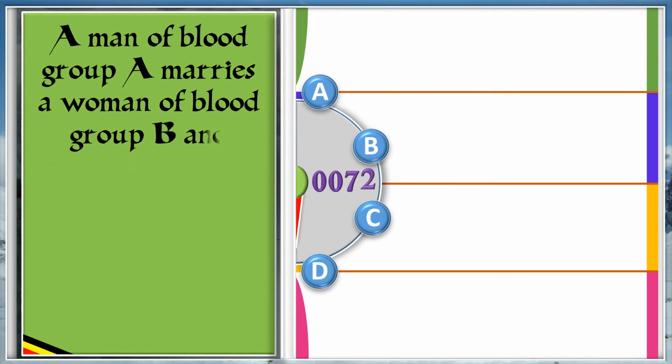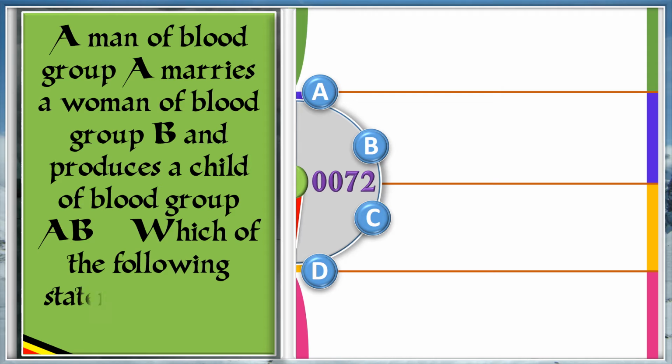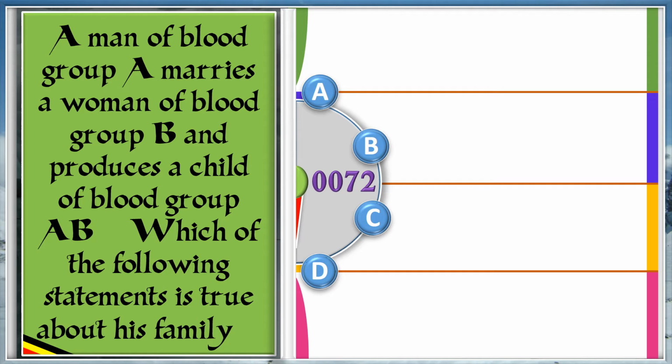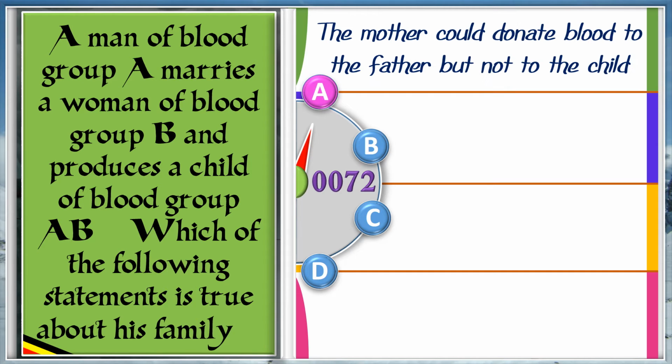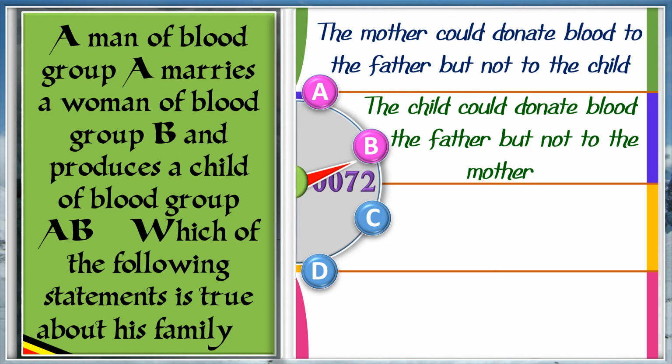A man of blood group A marries a woman of blood group B and produces a child of blood group AB. Which of the following statements is true about this family? A. The mother could donate blood to the father, but not to the child. B. The child could donate blood to the father, but none to the mother.